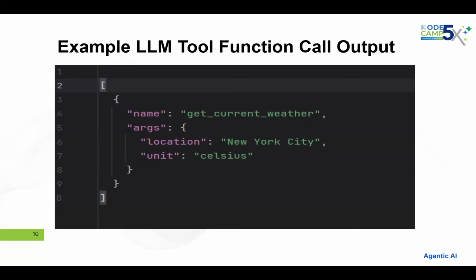Looking at this function call output from the LLM, the example one on the screen, I would like you to type in the chat a simple prompt that could have resulted in this output from the LLM, in these two call requests from the LLM.